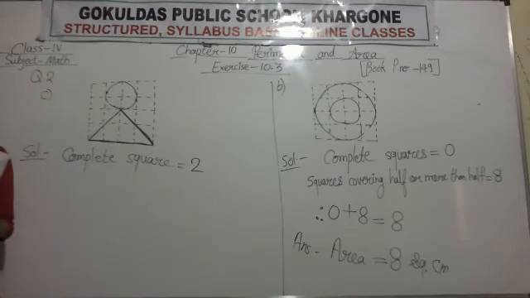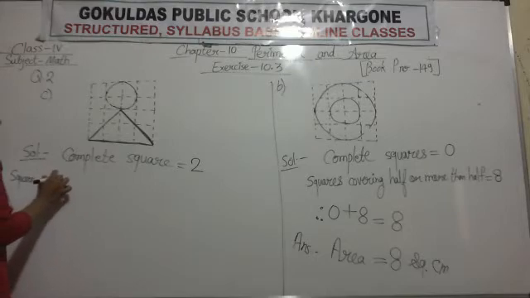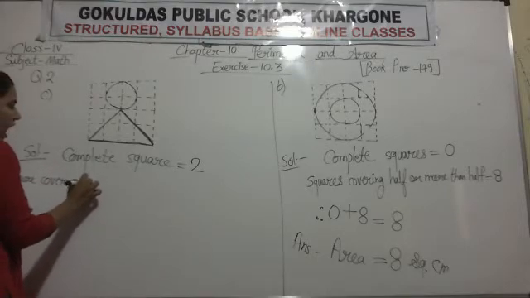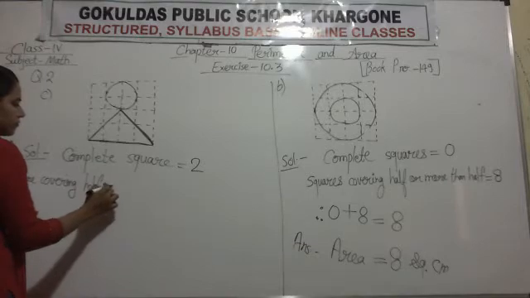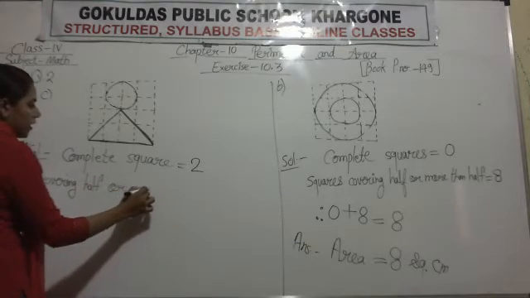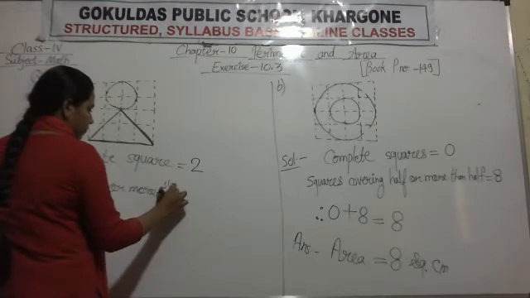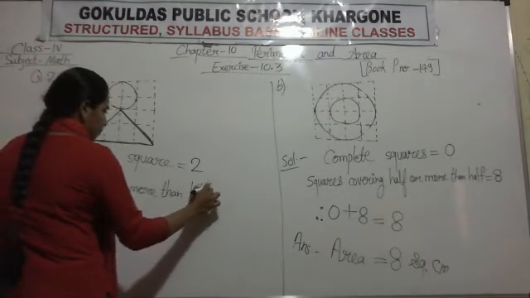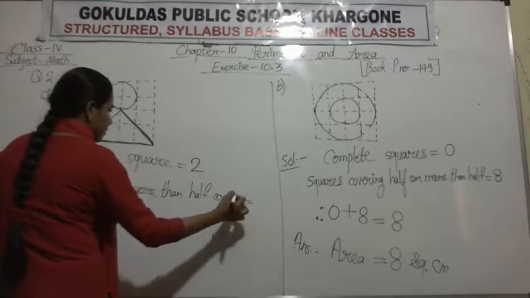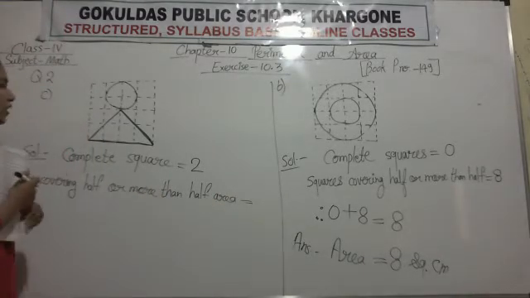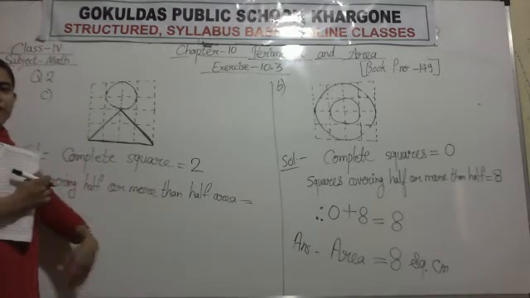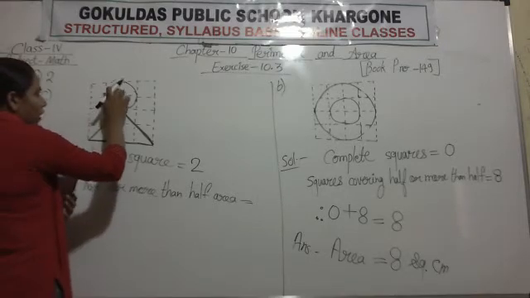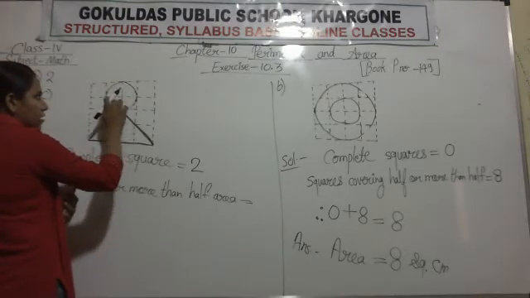Now we will count the number of squares having half or more than half area. Squares covering half or more than half area equals to here 1, 2, 3, 4. 4 squares.